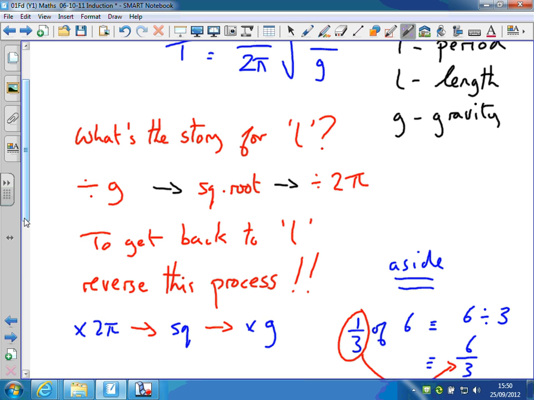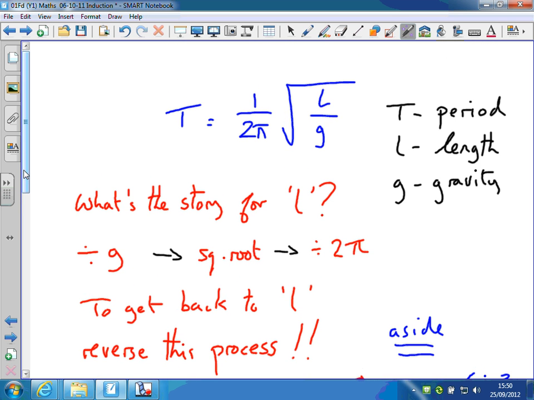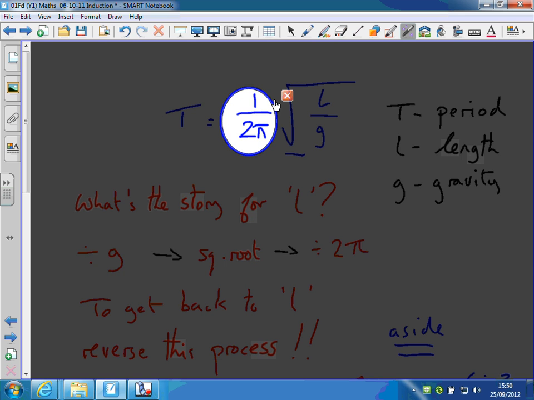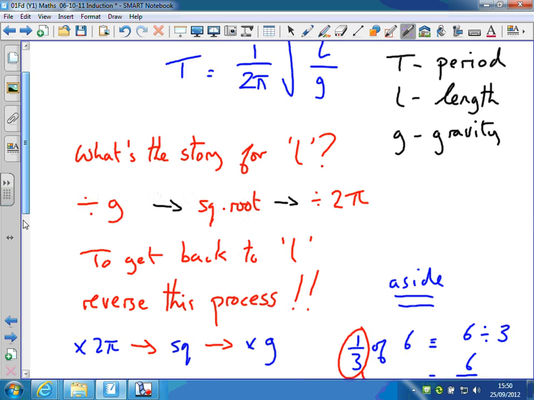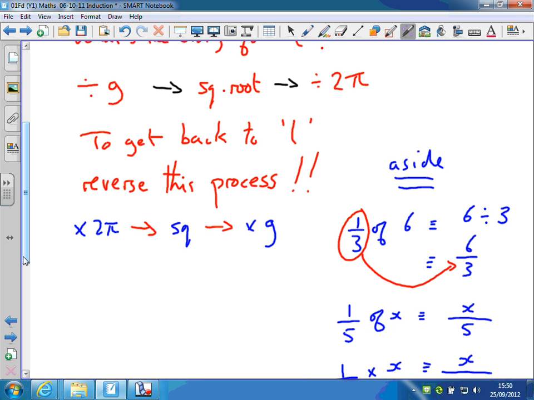So I asked myself the story. What's happened to L looking at the right-hand side? It's been divided by g. Then it's been square rooted. And then after it's been square rooted, looking at this 1 over 2 pi, what's happened about that? Well, if we look at this aside that was written down here, finding a third of something is the same as dividing by 3.